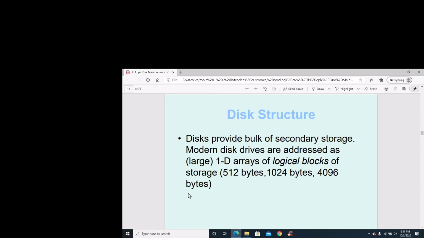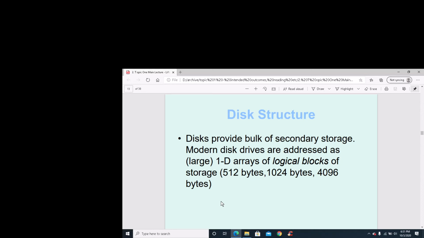Maybe I've got a first byte and then a second byte, a third byte and a fourth byte. In other words, I can always think of data in terms of an array, like I've got a first element, second element, third element, and so on.